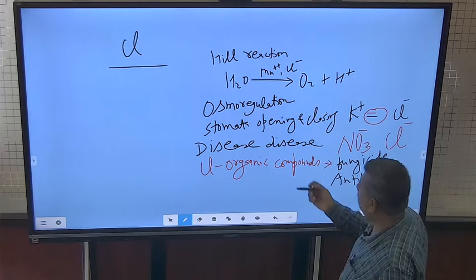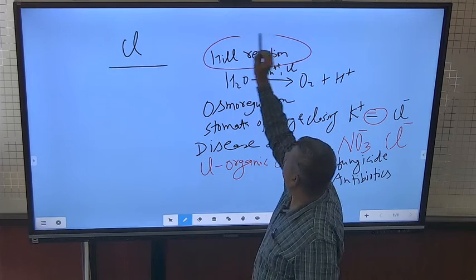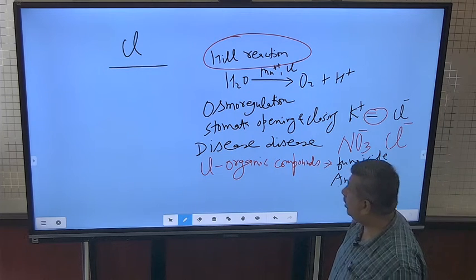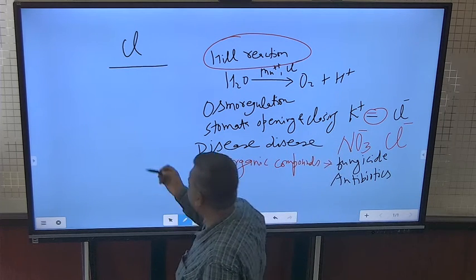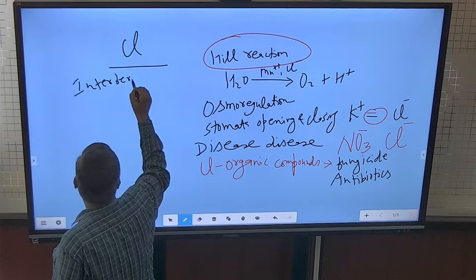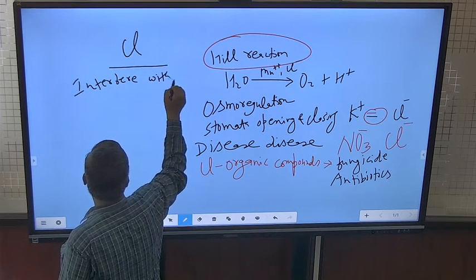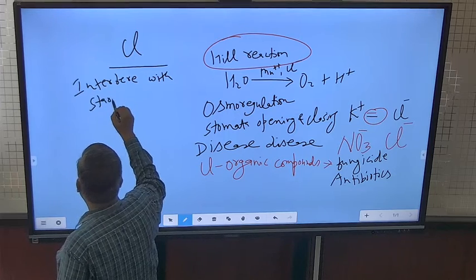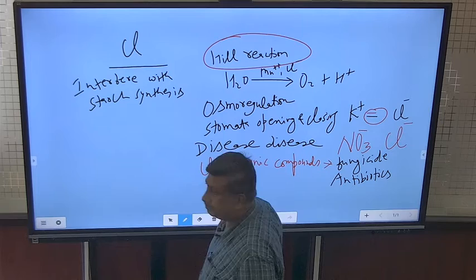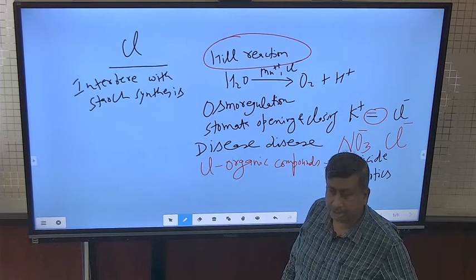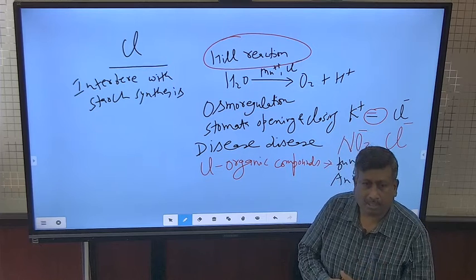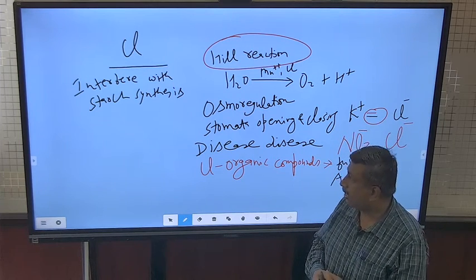The Hill reaction, photosynthetic oxygen evolution, is the major function, but chlorine interferes with starch synthesis. It is a problem that if chlorine is high, then starch formation is reduced. That is why in starchy crops like potato and rice, it should be avoided.